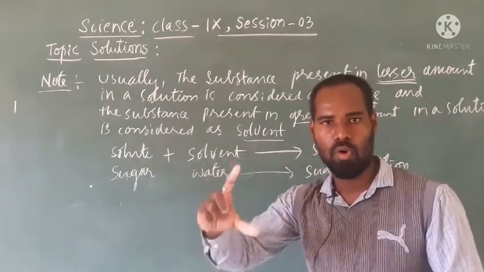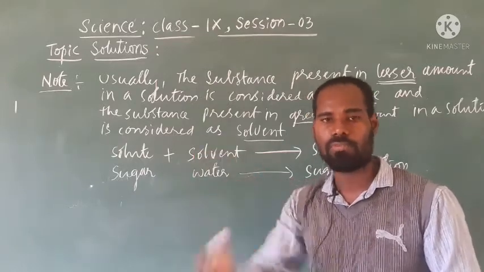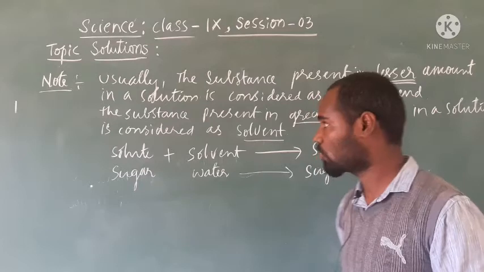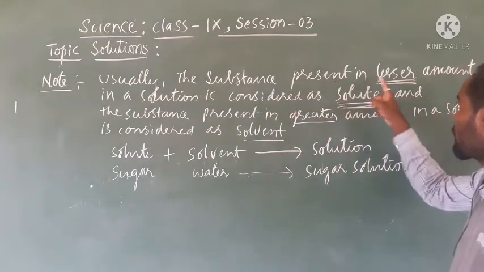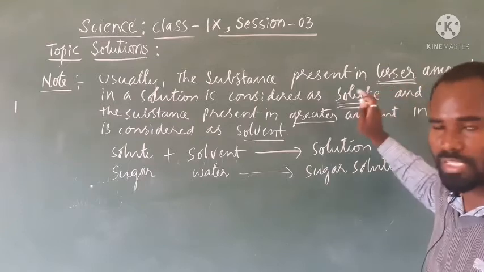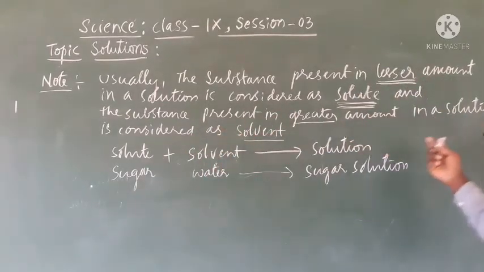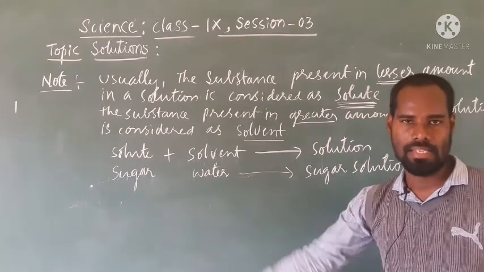Obviously, the water is greater, since you are adding into a tumbler full of water. That is why usually the substance present in a lesser amount is considered as solute, and the substance present in a greater amount in a solution is considered as solvent.